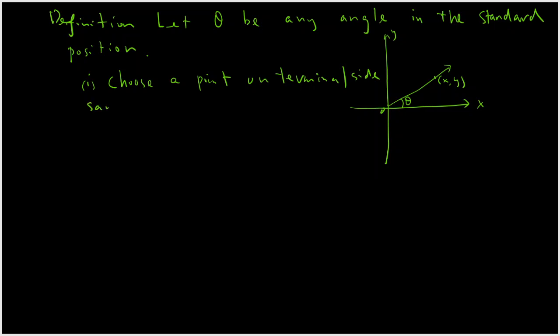So maybe say any point, the point with x coordinate of x and y coordinate of y. Later on for some particular angles, I'm going to tell you what point to choose so that it's easier to compute the trig values.